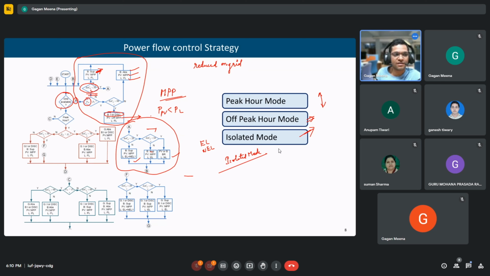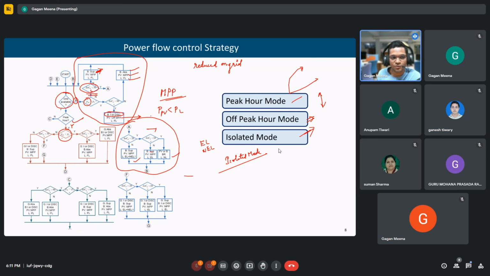Now if grid is available, then it is grid connected. In grid connected there are two possibilities: either peak hour mode or off peak hour mode. So the next thing we have to check is whether it is peak hour mode or off peak hour mode. If it is peak hour mode, yes, then again we have to check generation and load.